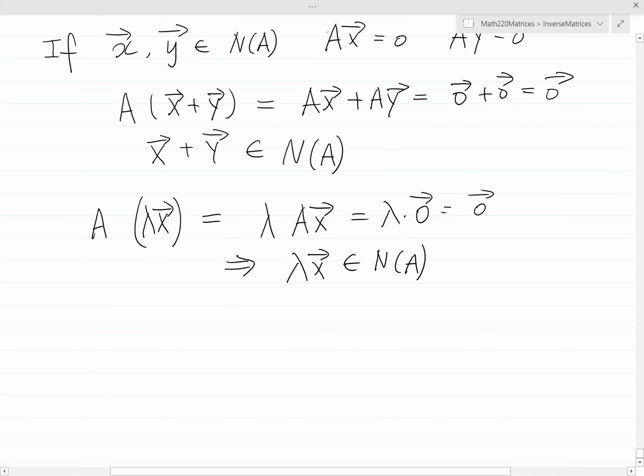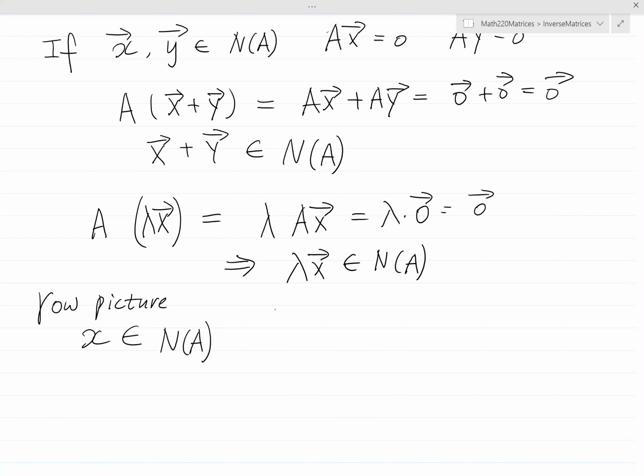We can use either the row picture or the column picture. The row picture says x is in the null space of A if and only if x is perpendicular to the row vectors of A. By definition, this means A times x is 0.